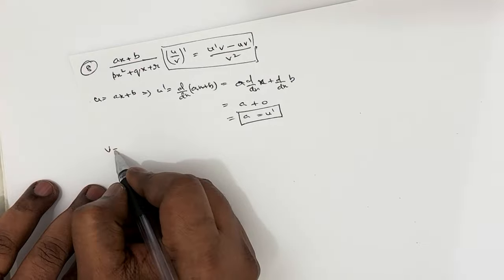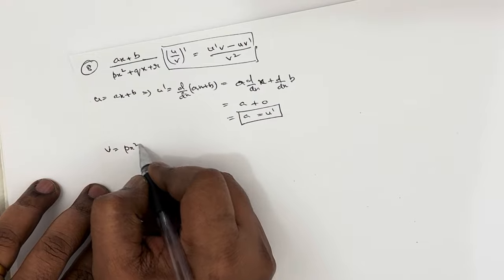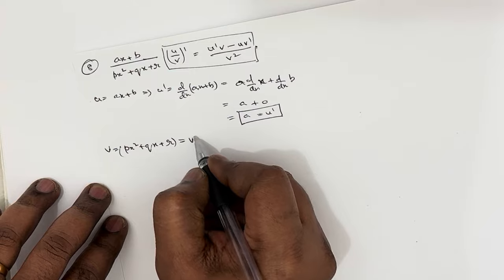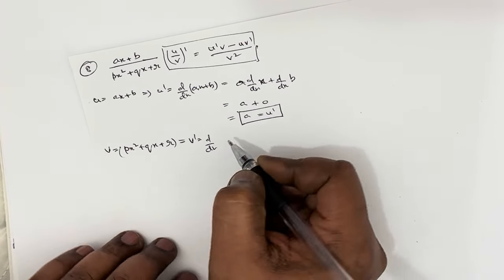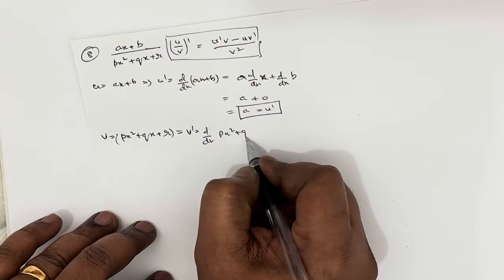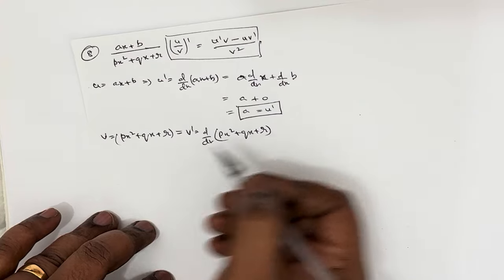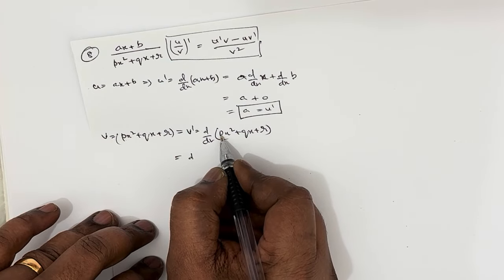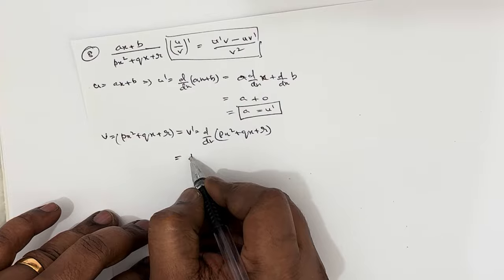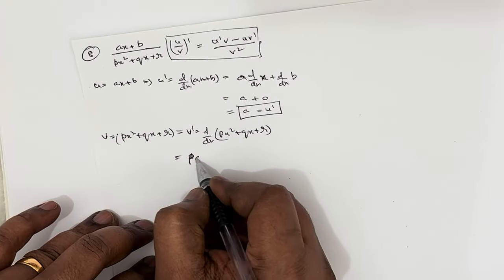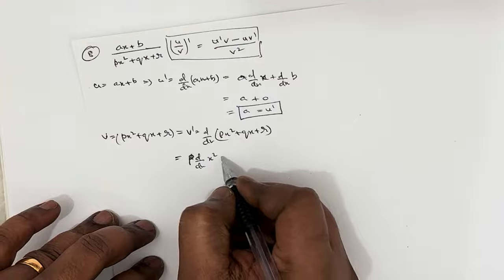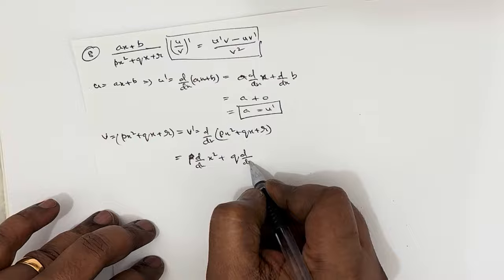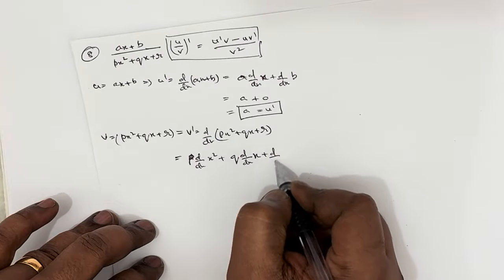The same way, v is equal to px² + qx + r. So v dash is equal to d by dx of px² + qx + r. Since p is a constant, we bring it out: p d by dx of x² plus q, also a constant, q d by dx of x, plus d by dx of r.